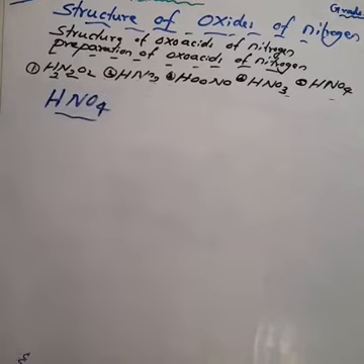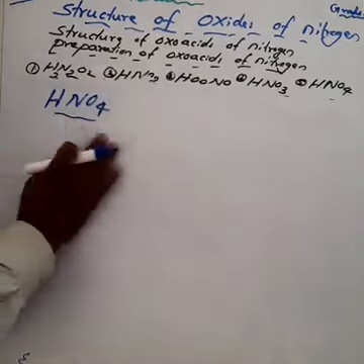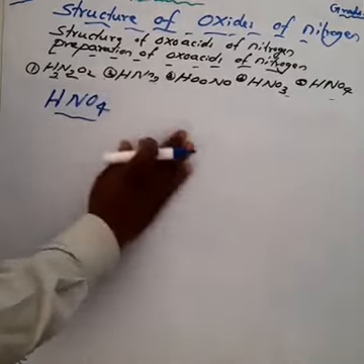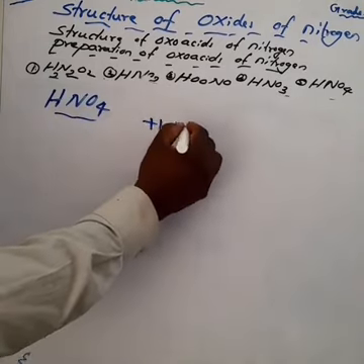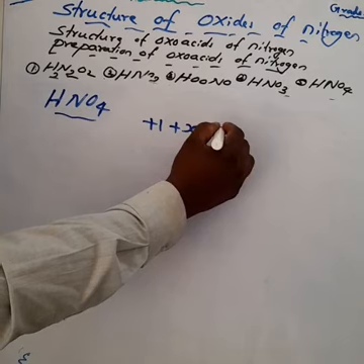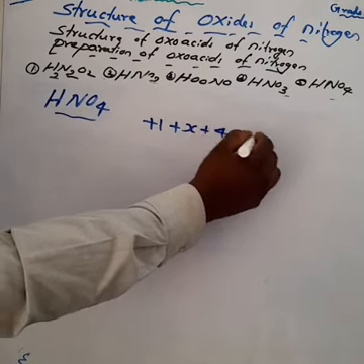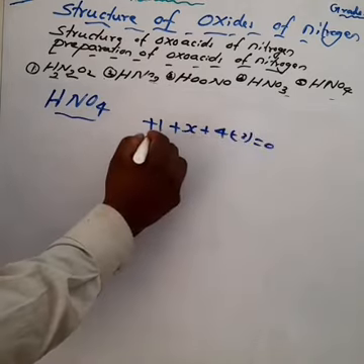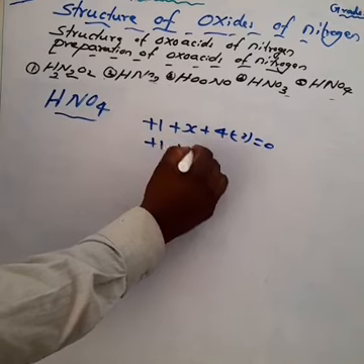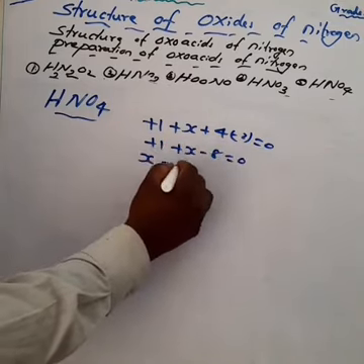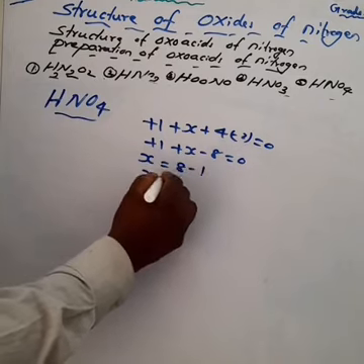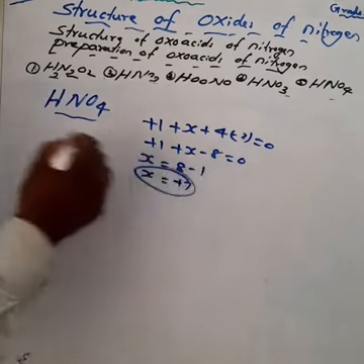Now you have to find out the oxidation state of HNO4. Hydrogen is taken as +1, nitrogen is taken as X, and oxygen, having 4, 4 into -2 is equal to 0. So +1 plus X minus 8 is equal to 0. X is equal to 8 minus 1. X is equal to +7 oxidation state.